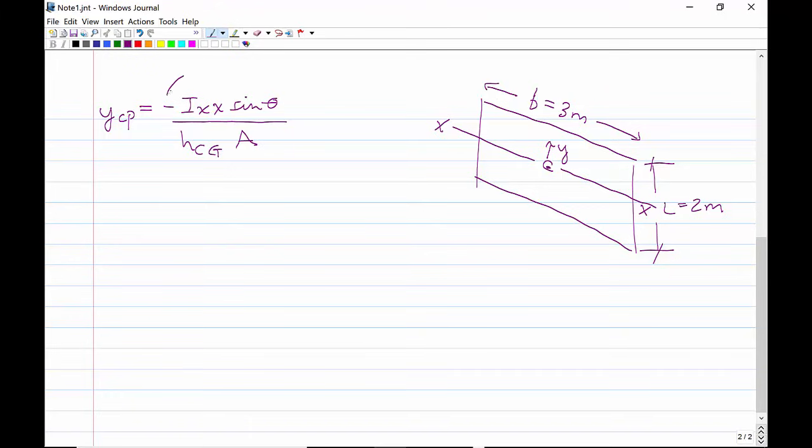And remember, this negative sign is telling you that the force is going to act below the center of gravity, which is the center of area.